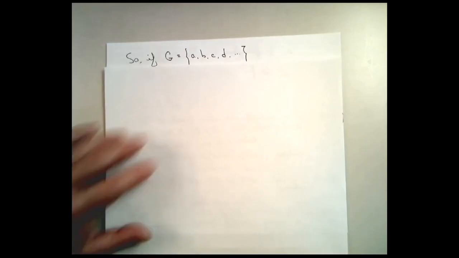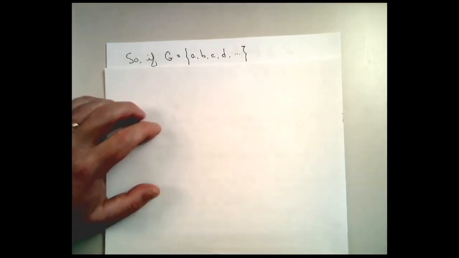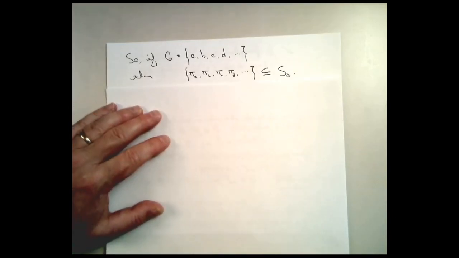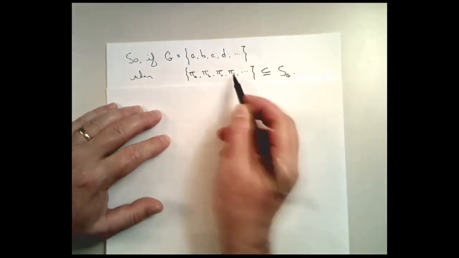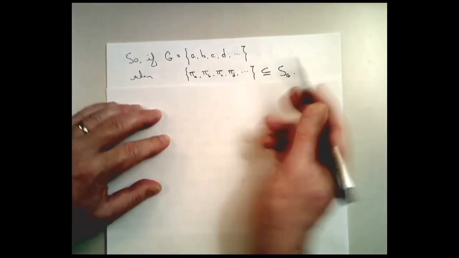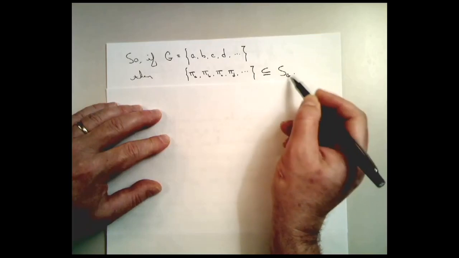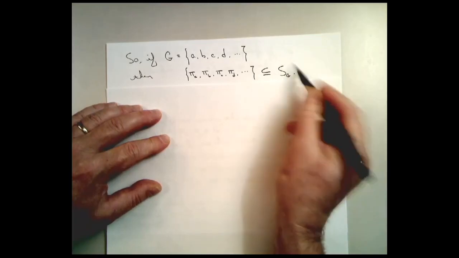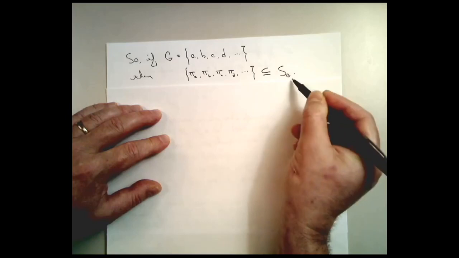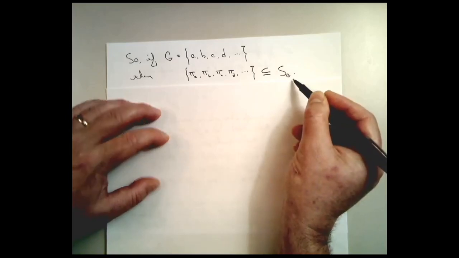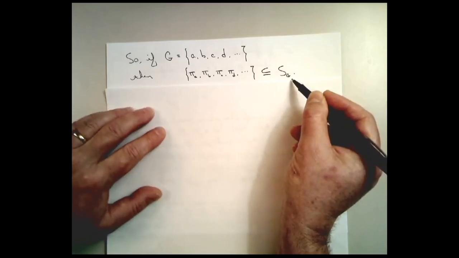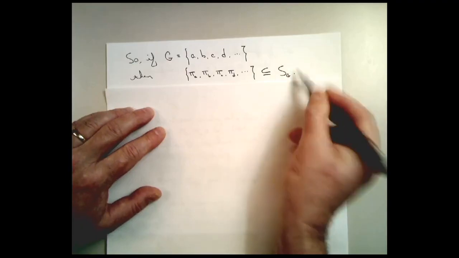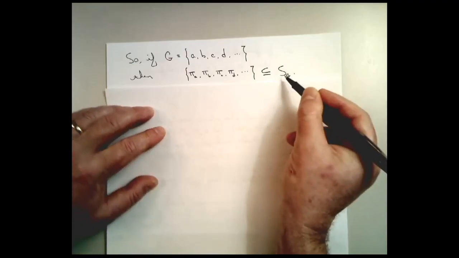So for each A in G, pi sub A is a permutation, right? So that says that if G is a bunch of elements like this, then these functions, pi sub A, pi sub B, pi sub C, each of those are permutations, so that's a subset of the group of all permutations of G. Remember, this is the notation we used to indicate the set of all permutations of G, which is a known group with respect to composition.